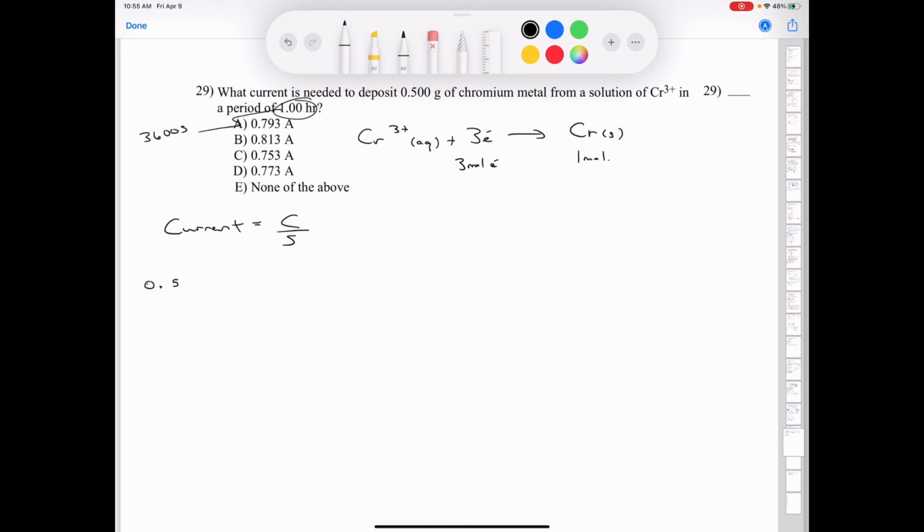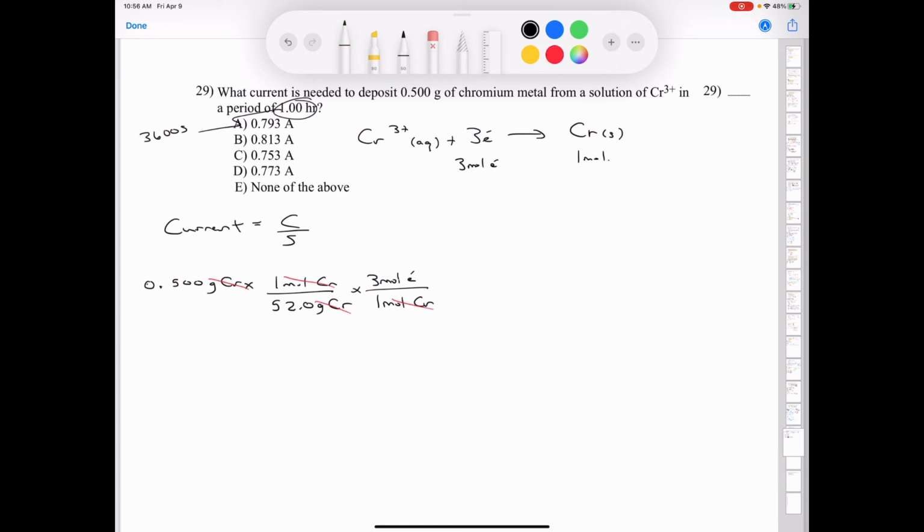If I have 0.500 grams of chromium, I know that in 1 mole of chromium, I have 52.0 grams of chromium. If I was to stop here, grams of chromium cancel. But I know that for every 1 mole of chromium that I want to produce, I need 3 moles of electrons, don't I? This cancels out the number of moles of chromium.